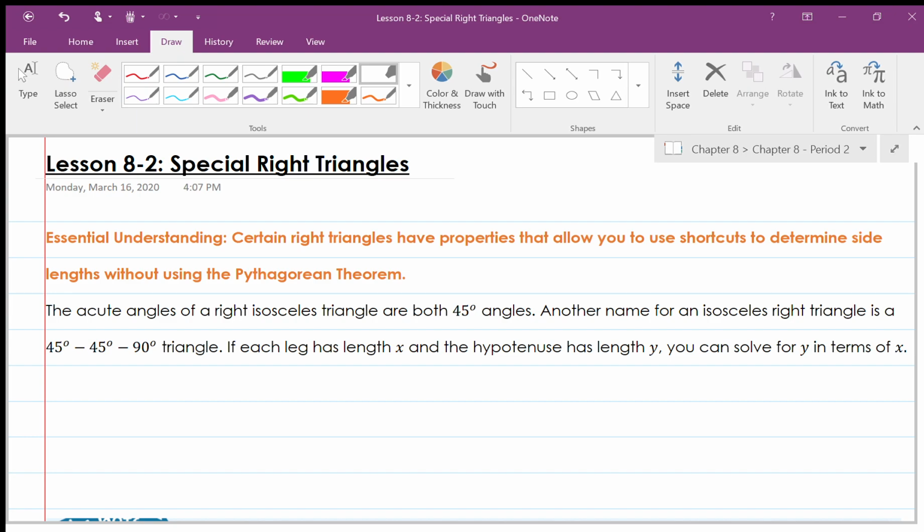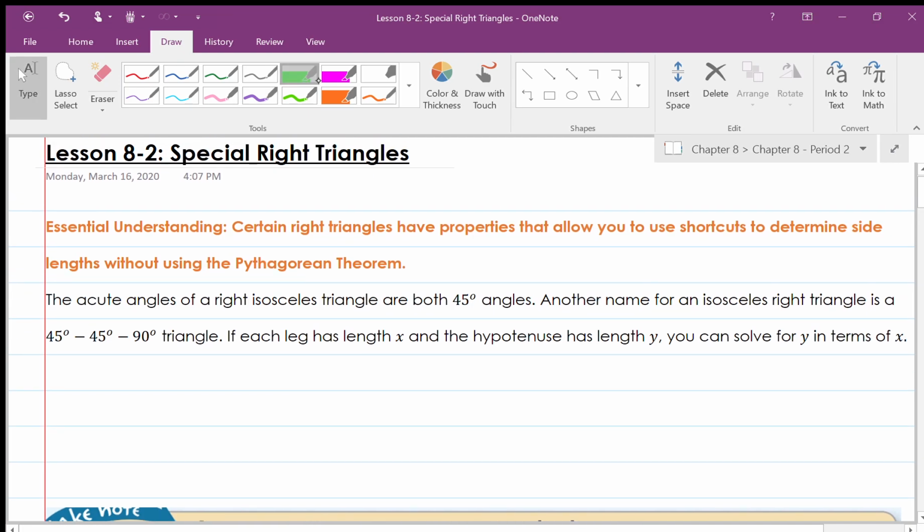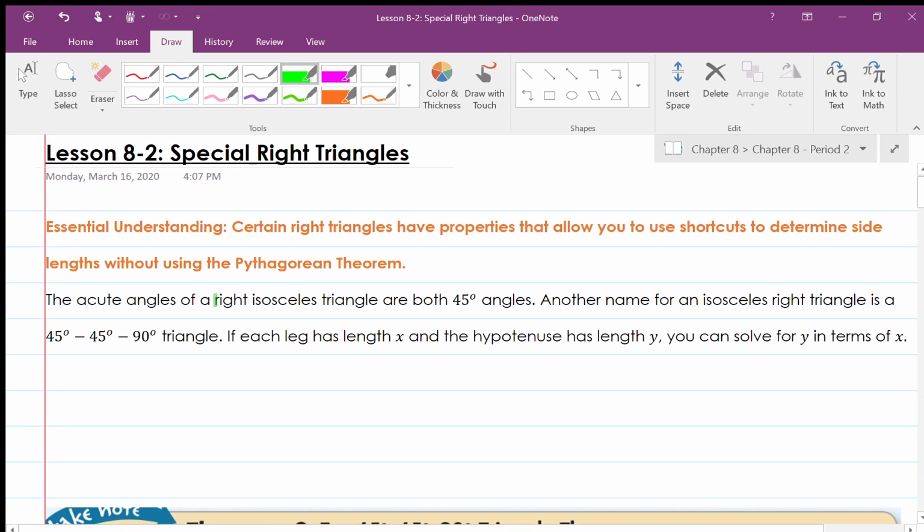Okay, so first up on our list is a right isosceles triangle, which you do have some experience with. Isosceles right triangles, where both of your angles are 45-degree angles. Another name for an isosceles right triangle, which you will hear in this section pretty often, is a 45-45-90 triangle.